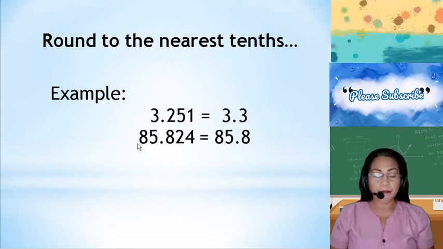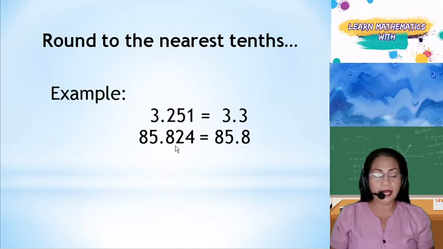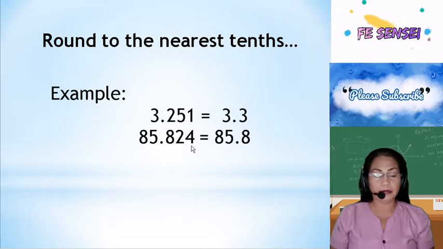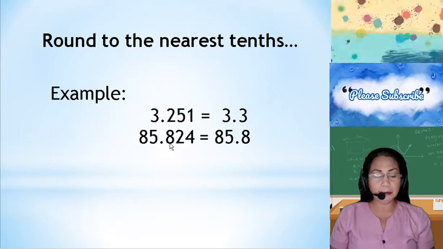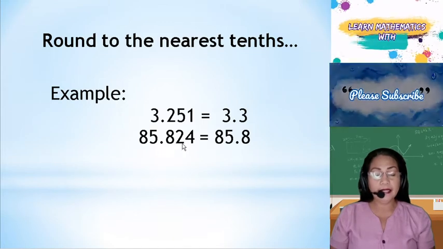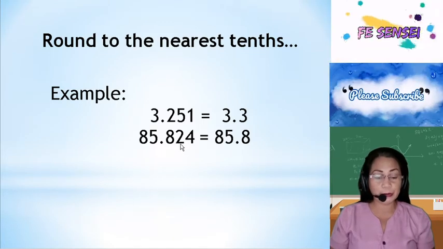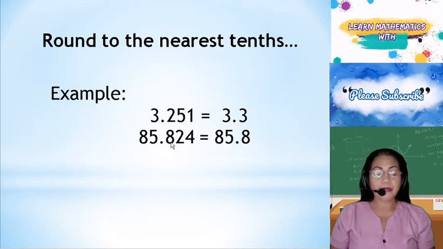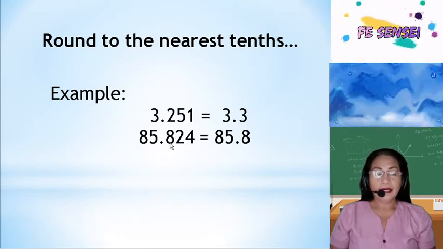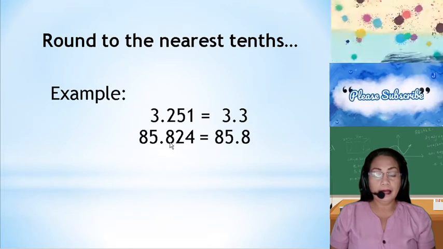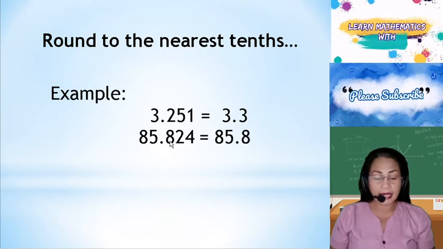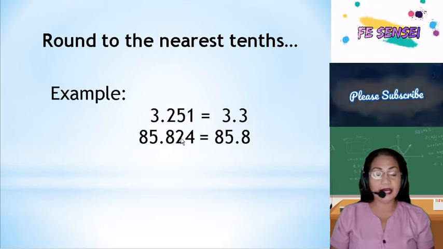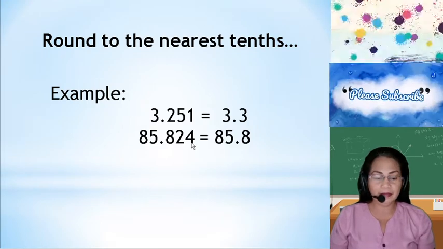Number 2, 85 and 824 thousandths. The number in the tenths place is 8, and the number to the right is 2, less than 5. Therefore, 8 is retained and drop 2 and 4.